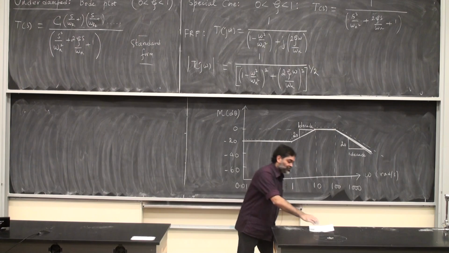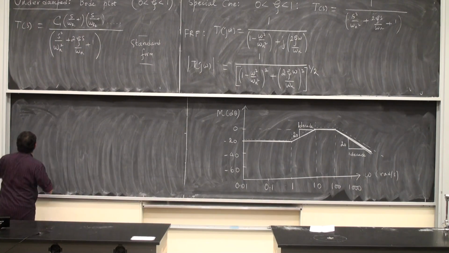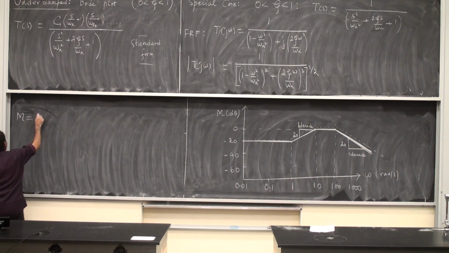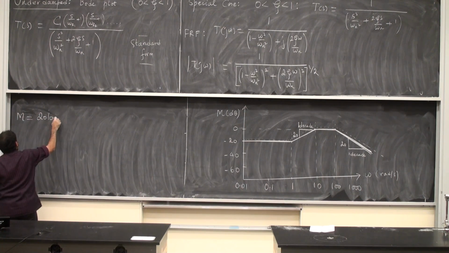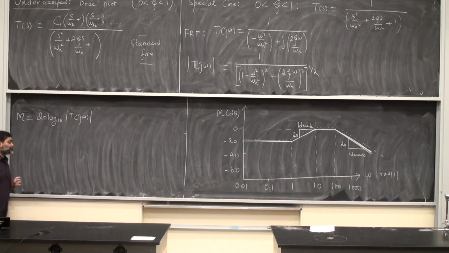Bode magnitude plot. Calculate M. So M is 20 log 10 of the magnitude of P of j omega.